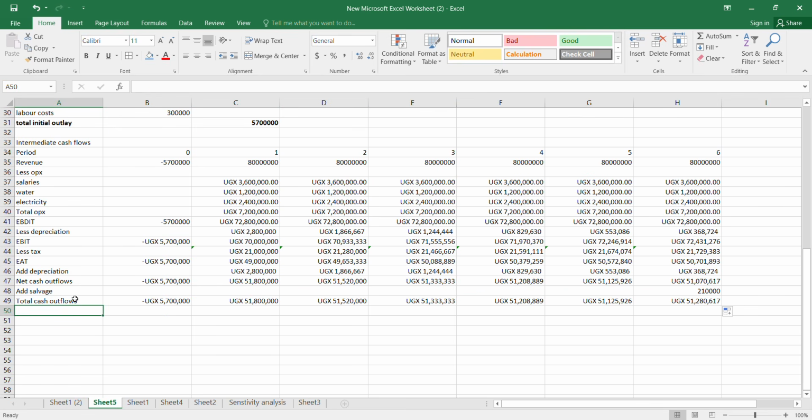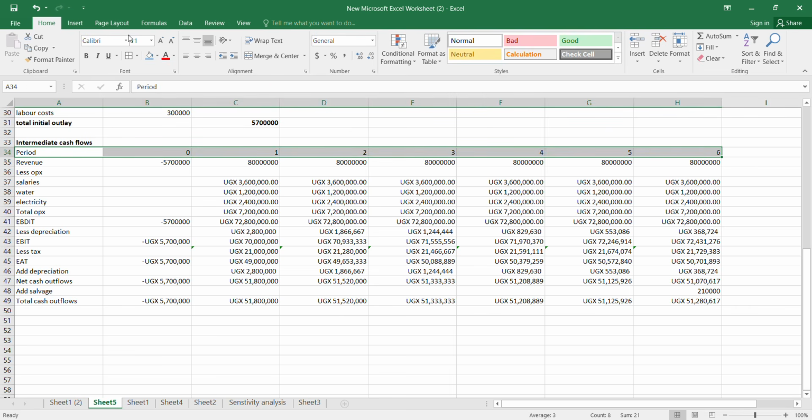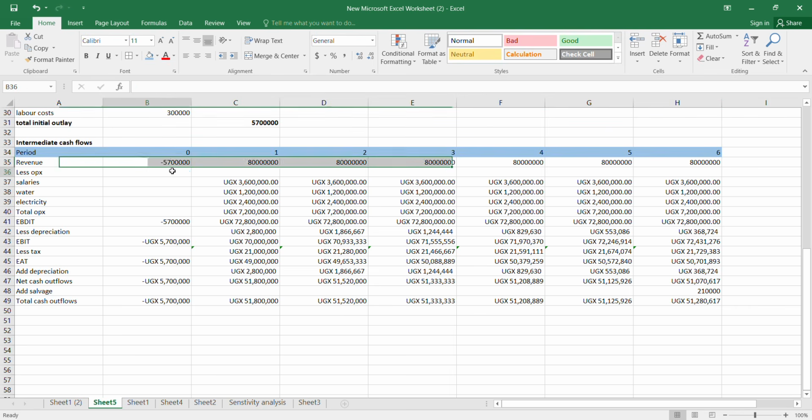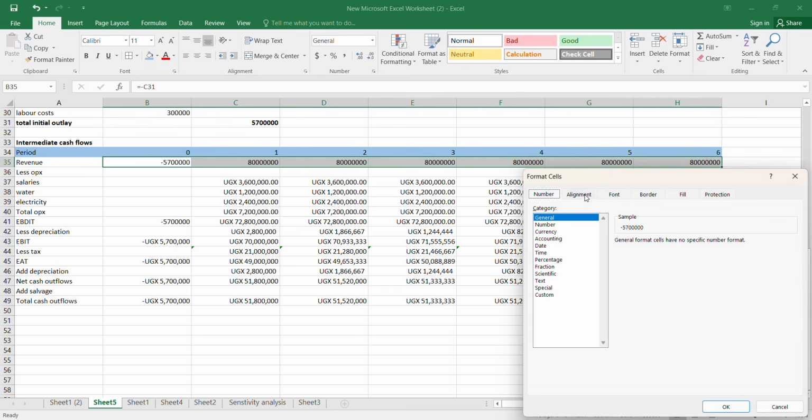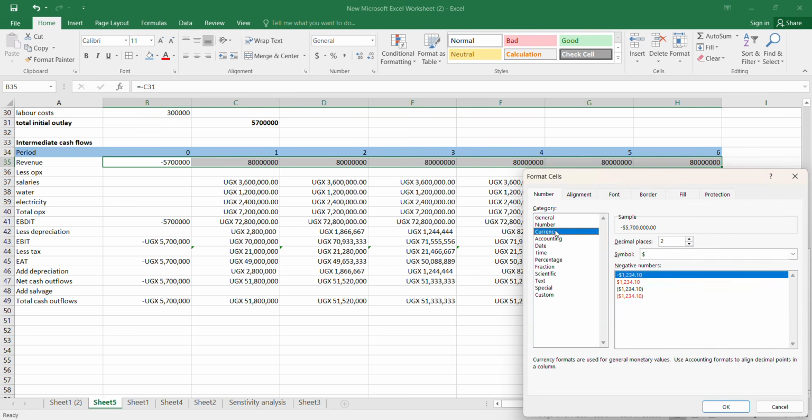Okay, so we are done with our intermediate cash flow. Change this to UGX.